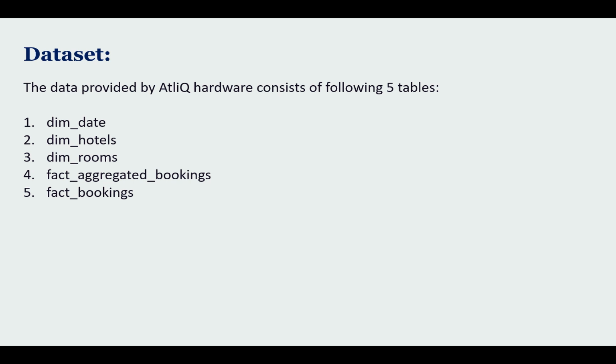The five tables are divided into two parts: three tables have dimensional data and two tables have fact data. Dimensional data has information about a particular topic, whereas fact data has numerical and transactional data.